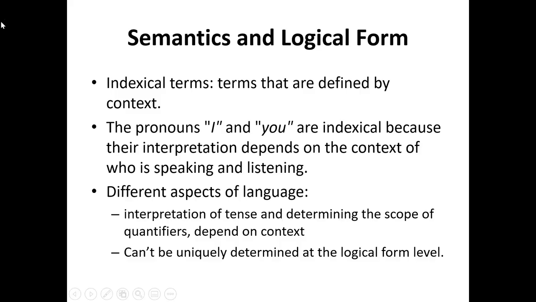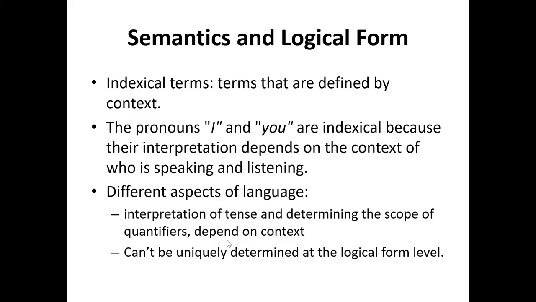Even in various aspects of a language, the interpretation of tense and determining the scope of quantifiers depends on the context of the particular sentence, or whatever the speaker is speaking.